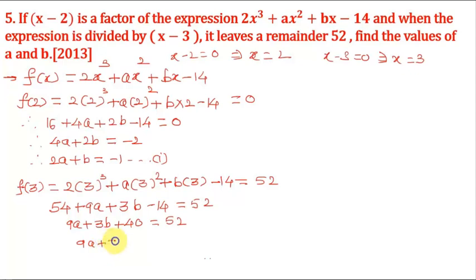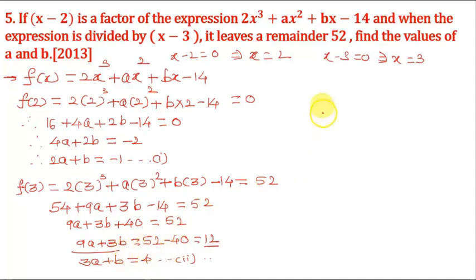So 9a plus 3b is equal to 52 minus 40, that's equal to 12. Now divide this expression by 3. Then you will get 3a plus b is equal to 4. And this is the second one.